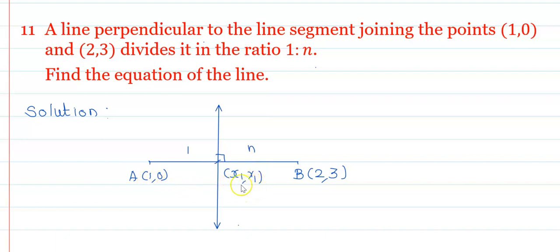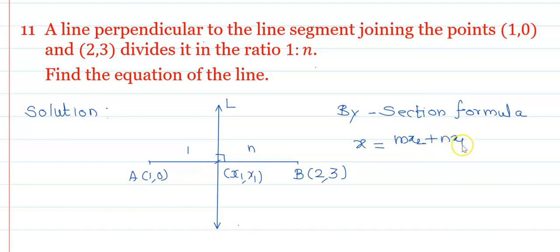Now by the section formula, we first find the coordinates x1 and y1 through which our required line passes. By the section formula, the point x is equal to (m x2 plus n x1) upon (m plus n).